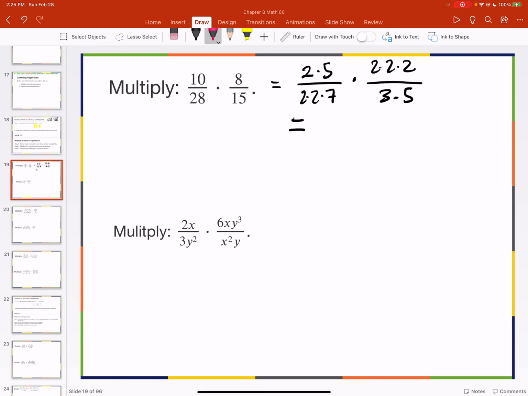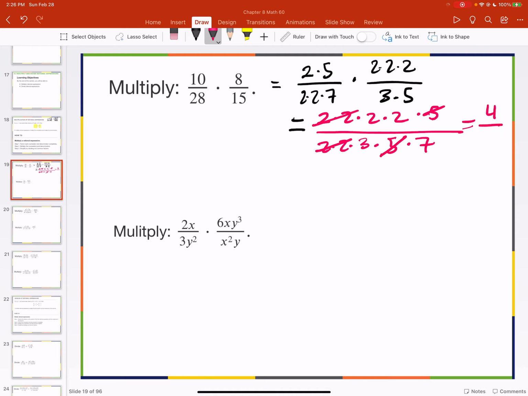But let's say we write it as one whole fraction. So on the top you have 2's times 5, and on the bottom you have 2 times 2, and I'm rewriting them in just lowest to greatest, right? So that's the numerator and the denominator. So we basically just cancel what's in common. And then you can leave the rest here, like 4 over 21.